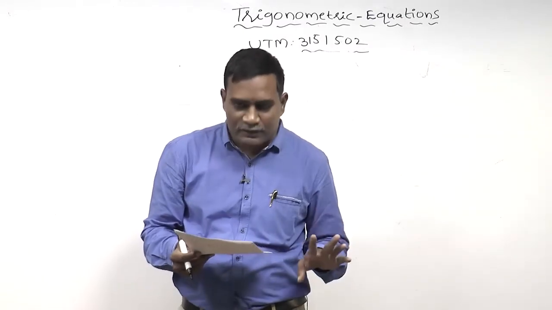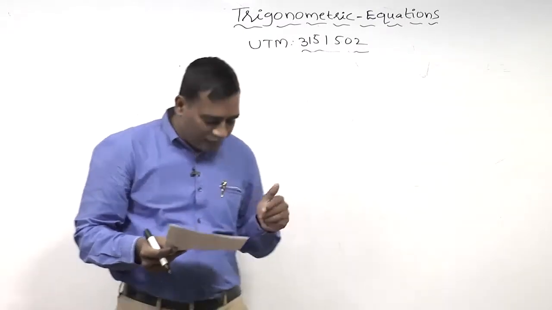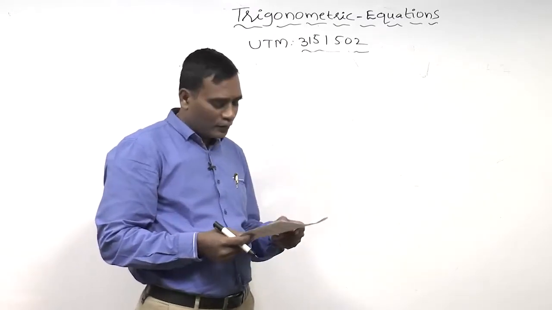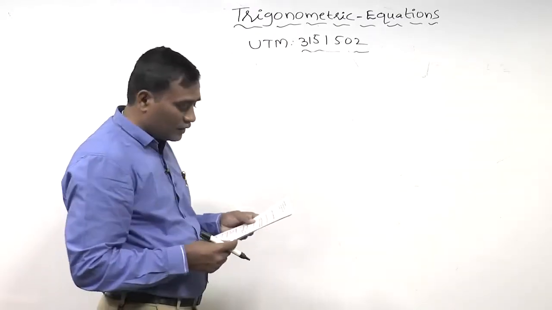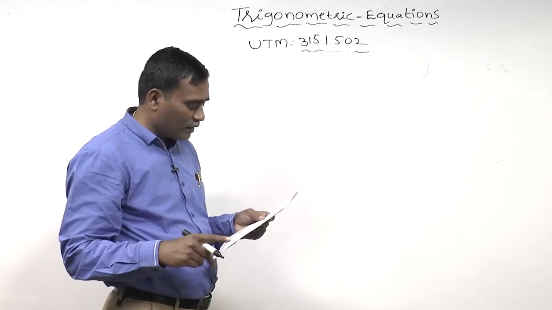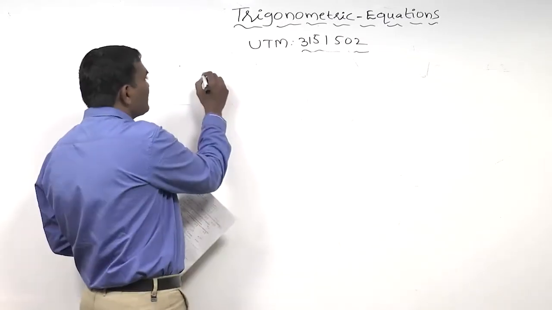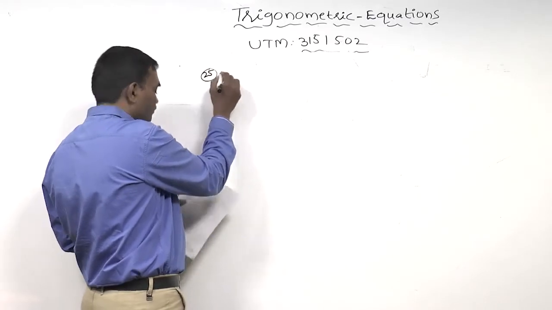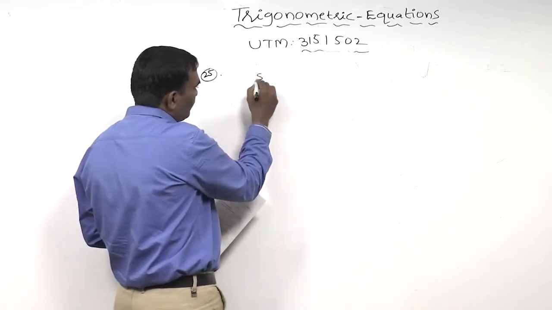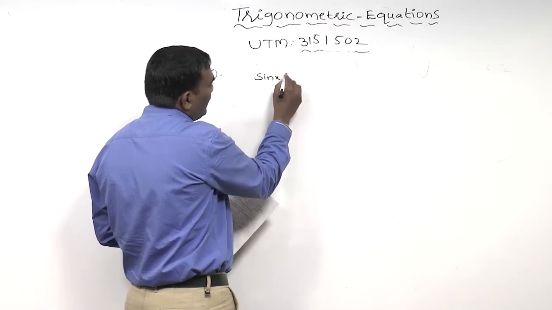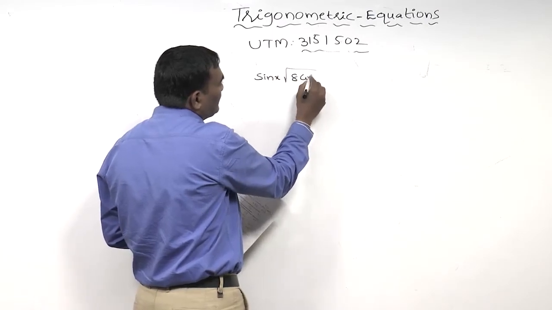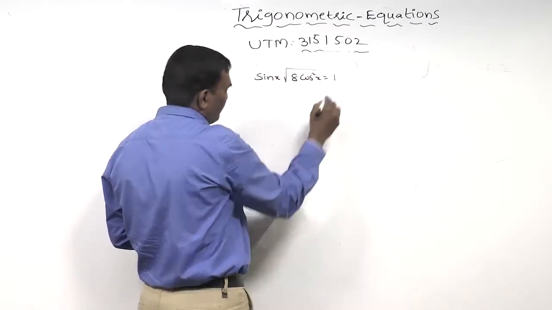First find the roots of the equation. After that find the difference of the roots. Given the roots are in arithmetic progression, then we have to find the common difference d. First write the solutions. Sin x into square root of 8 cos square x is equal to 1.